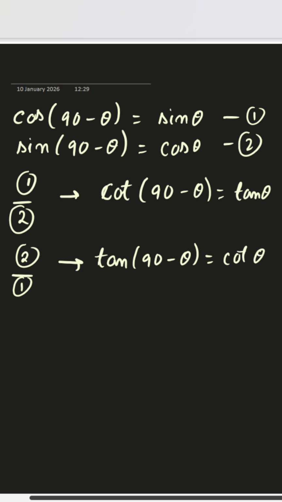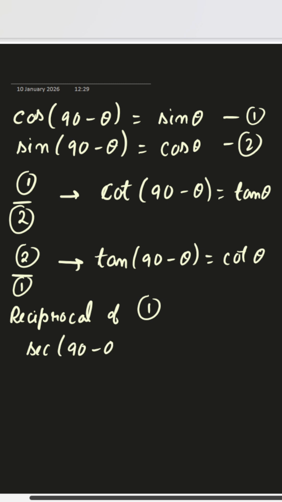If I take the reciprocal of 1, that will give me sec of 90 minus theta is equal to cosec theta.